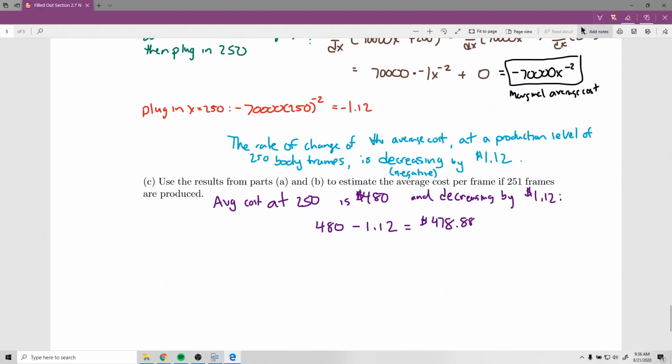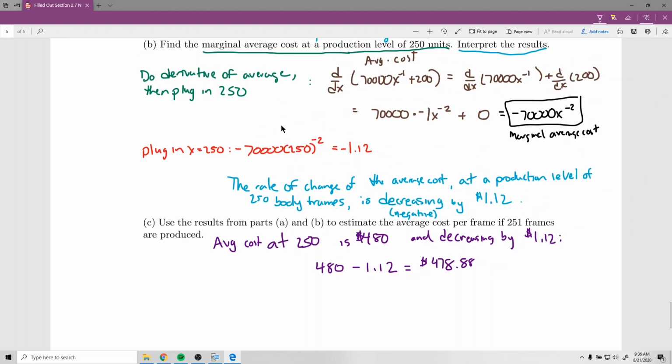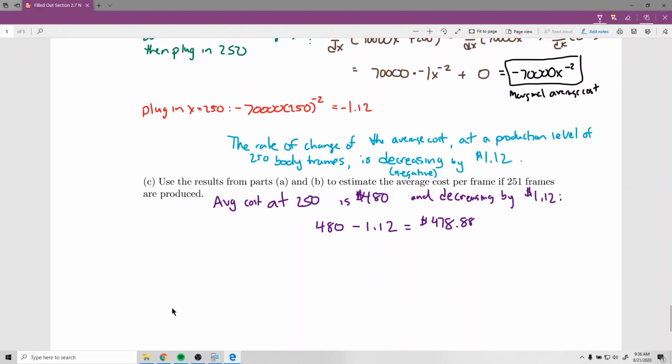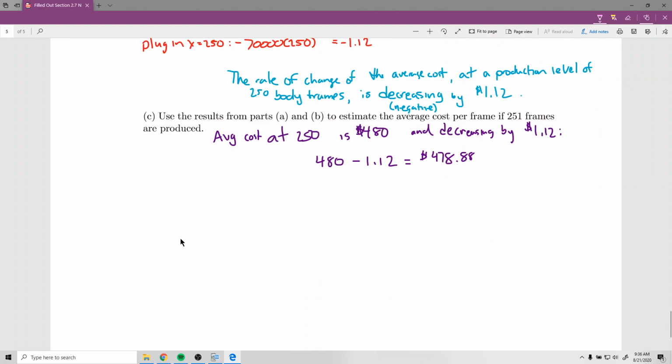Now, maybe I got lucky when I looked at the question and it only asked me for 251, which is one more than 250. So let's pretend, I don't think there's another part here, let's say we wanted to estimate the average cost if 255 frames are produced.